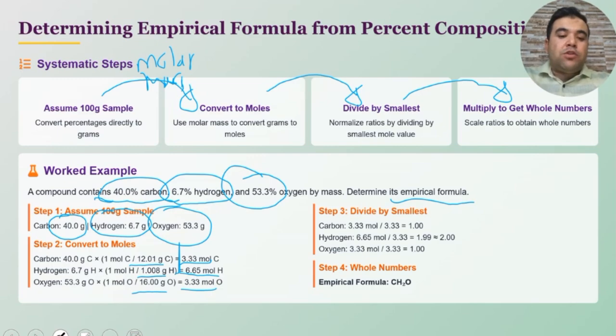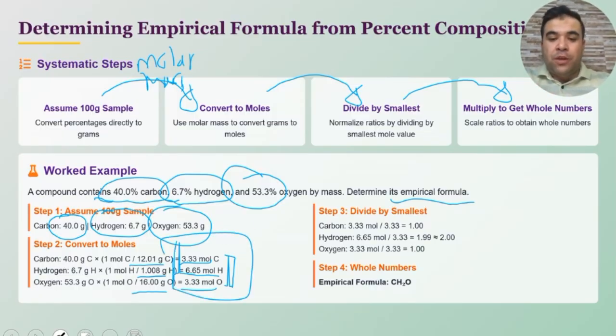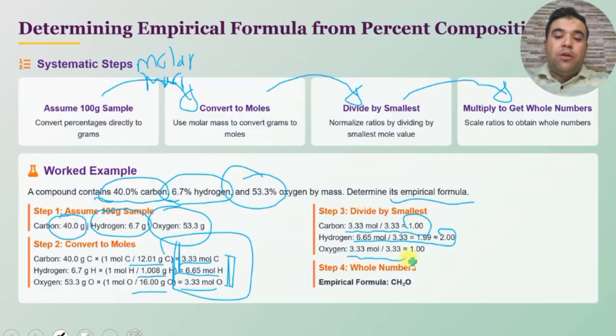As you can see, the results of carbon and oxygen are the same, and then they're smaller than the hydrogen. So we will be dividing these results by the smallest, which is 3.3. So we divided for the carbon 3.33 by 3.33, we got 1, and then for the hydrogen we got 1.99, but by rounding we got 2, and then for the oxygen, 3.33, we got 1.